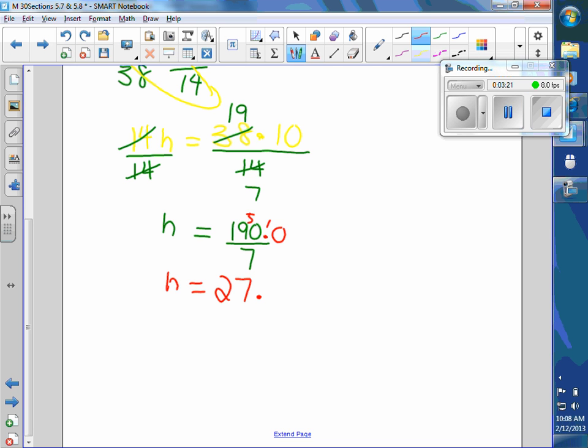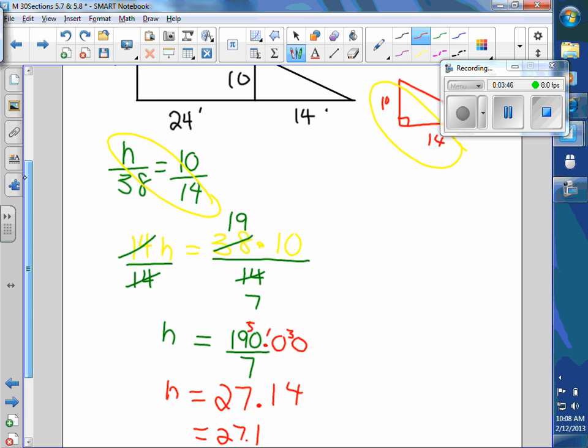So 7 goes into 10 once, remainder 3. And were there rounding directions? If it says round to the tenths, you need to go to the hundredths and see what you have to decide how to round. 7 goes into 34, so that tells us we're going to round to 27.1, and our units were feet.